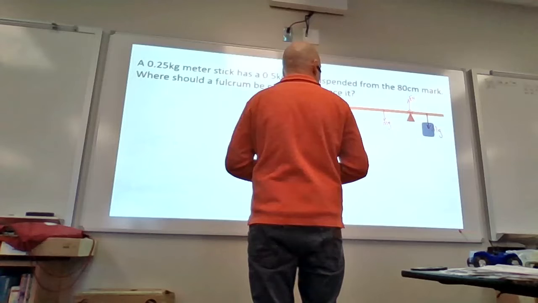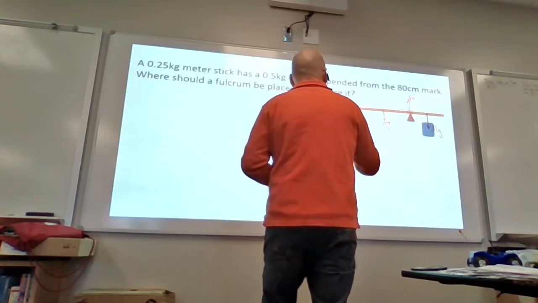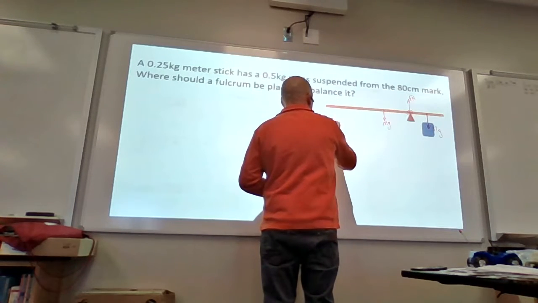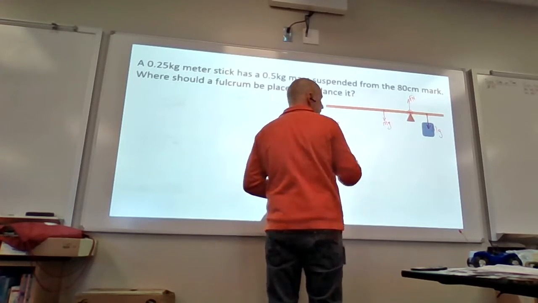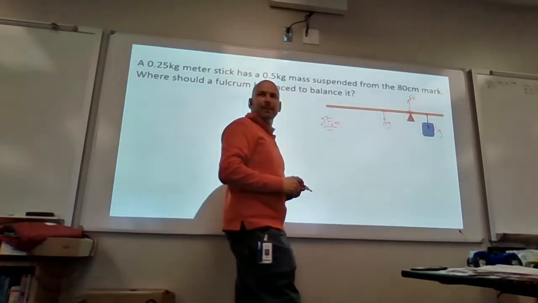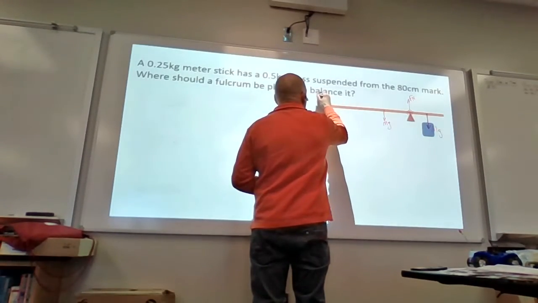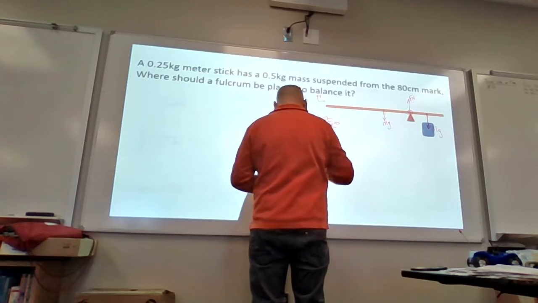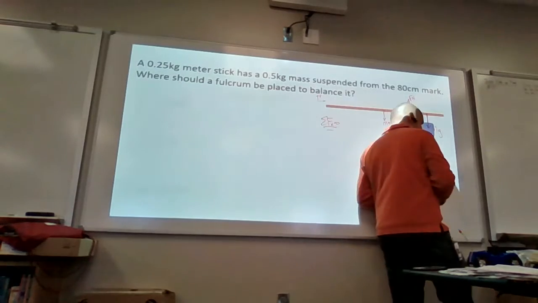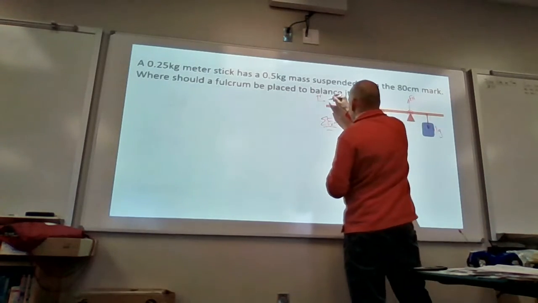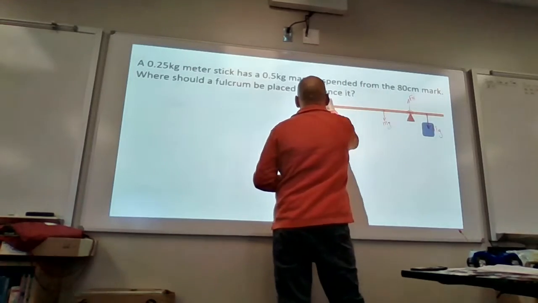I know that the sum of the forces in the x direction is equal to 0. There's none. Positive x, positive y, and positive z is coming out of the page.